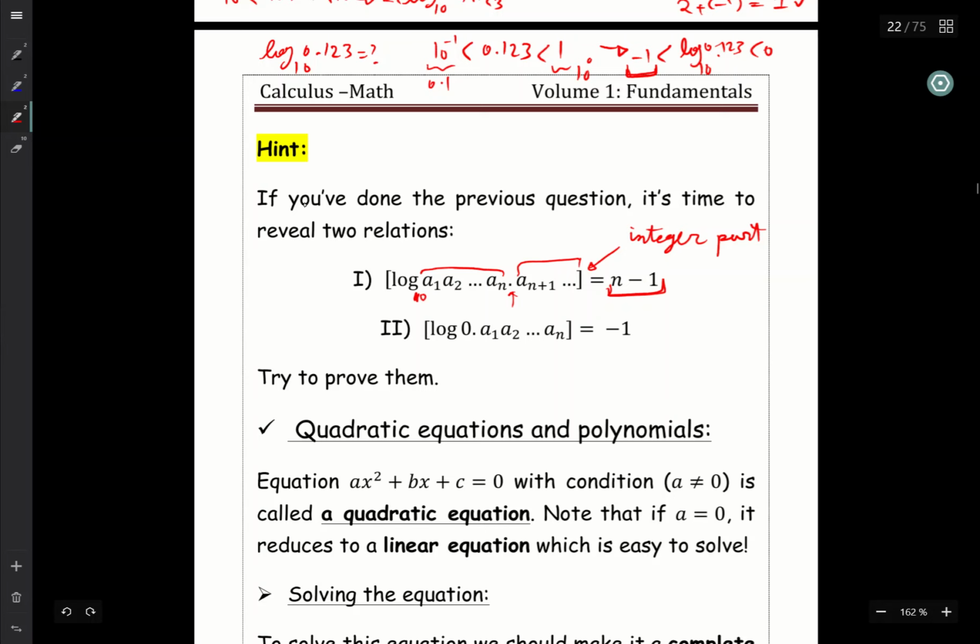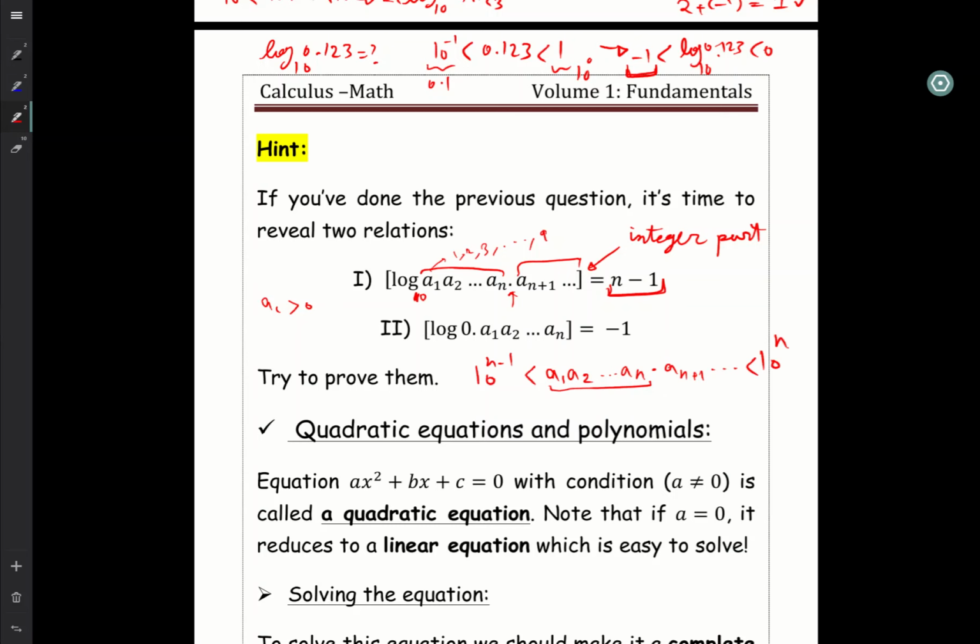Why? Because any such number has n digits before the decimal point and some digits after. We're going to assume that a1, the leading digit, is not 0, it's greater than 0. It could be 1, 2, 3, up to 9. So this number is greater than or equal to 10 to the n minus 1, and less than 10 to the n.